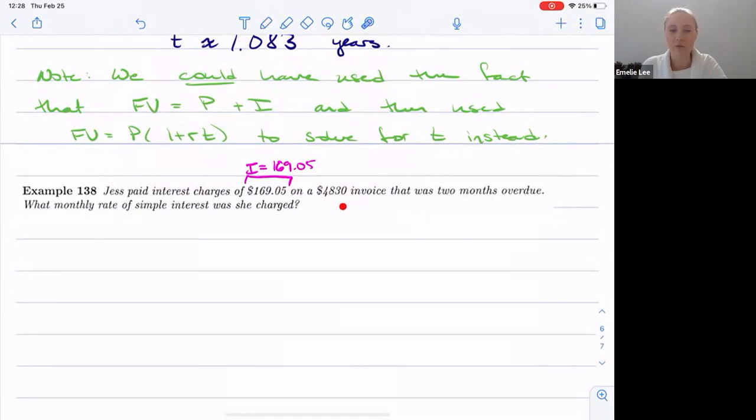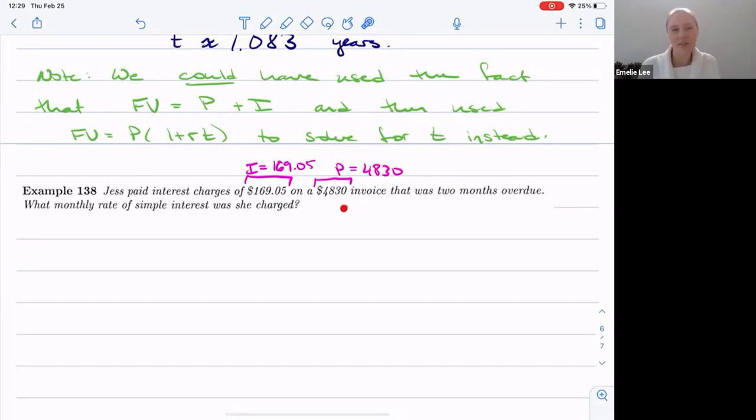On a $4,830 invoice, so the initial amount that she borrowed in this case, or owed, P is 48.30. That was 2 months overdue. So unfortunately for us, depositing money and letting it grow behaves the same way as, okay, so now your invoice is overdue and now you're paying interest, right?